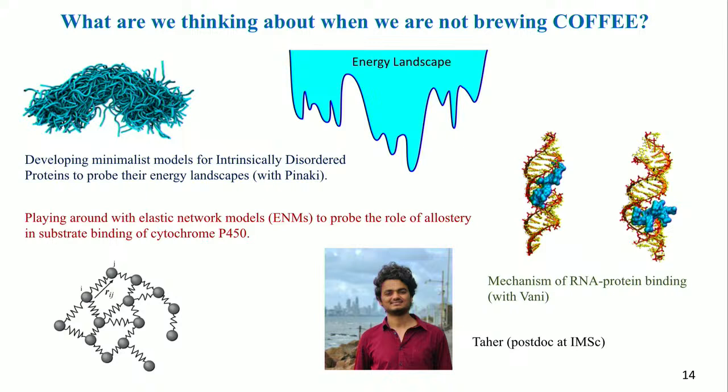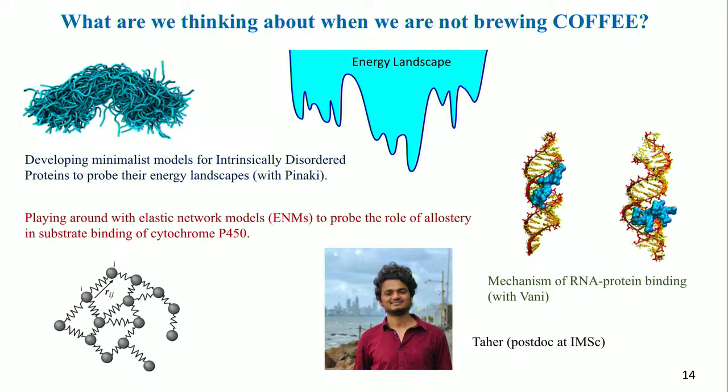Now, what are we actually doing when we are not brewing coffee? There are different things we are thinking about. One of them is developing minimalist models for intrinsically disordered proteins, and the idea is to probe their energy landscapes to understand their conformational heterogeneity and so on. This is the work we are doing in collaboration with Pinaki.